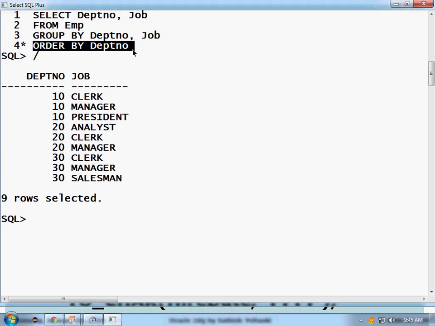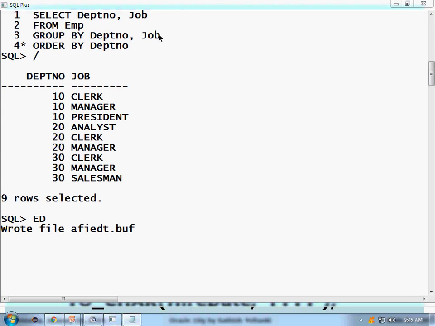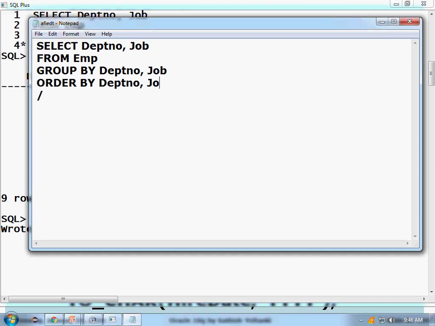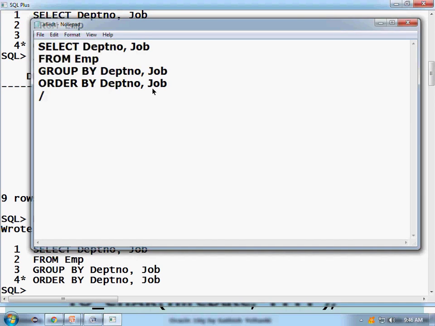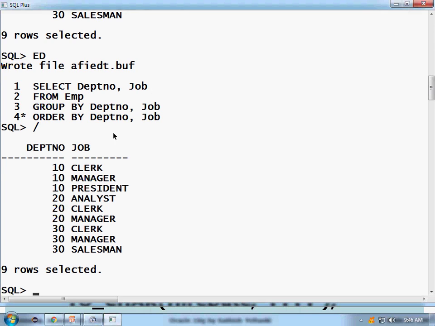So when you deal with the order by clause, when group by is declared, order by should follow any one column of the group by. It is not compulsory to use all the columns of the group by. If you think that department number is repeating and it's ambiguous, then keep another column which is part of the group by only, not anything else.